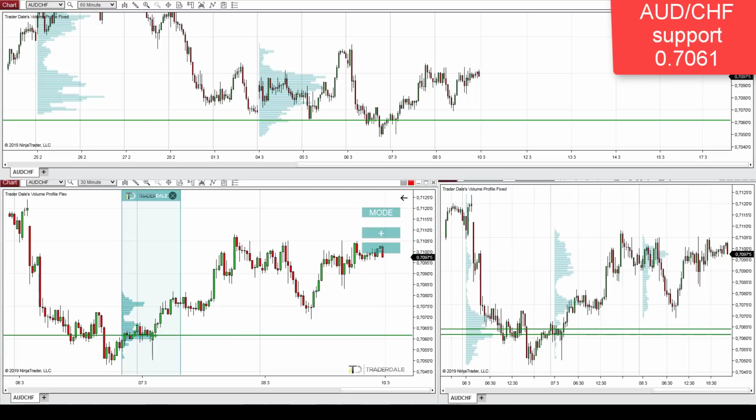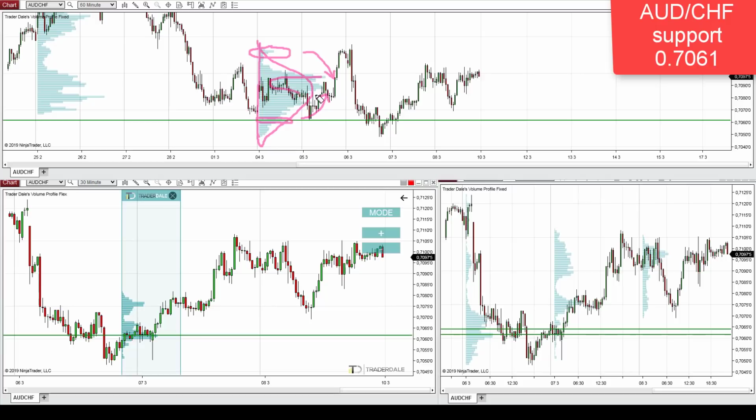What I also like about the level is that there was a D-shaped profile in the last week, and D-shaped profile means that there is a temporary balance between buyers and sellers. And when there is a profile like that, you want to trade volume clusters like these, which are close to the extremes of the profile, in the direction of the point of control.